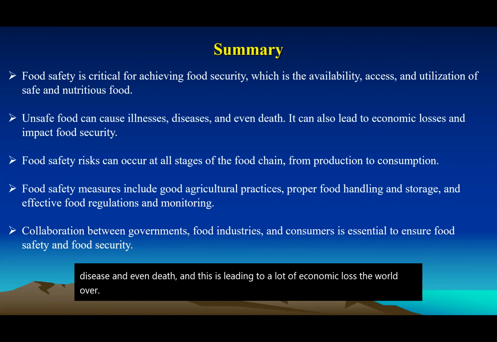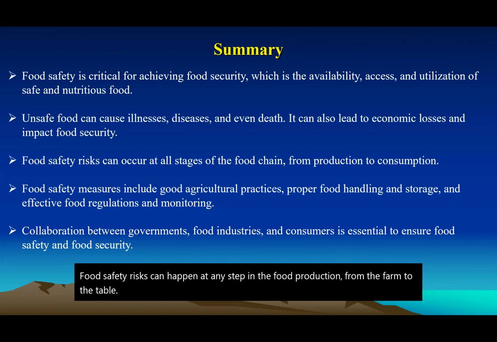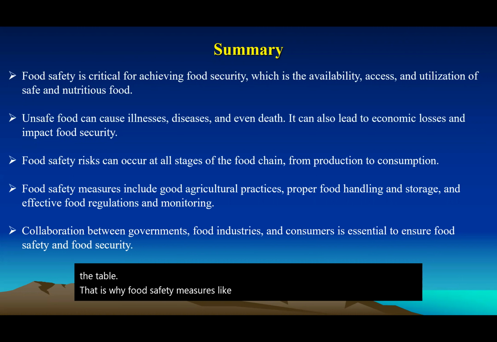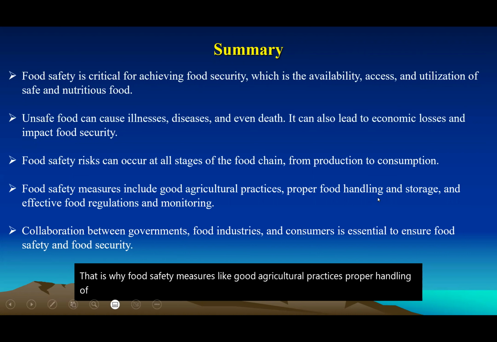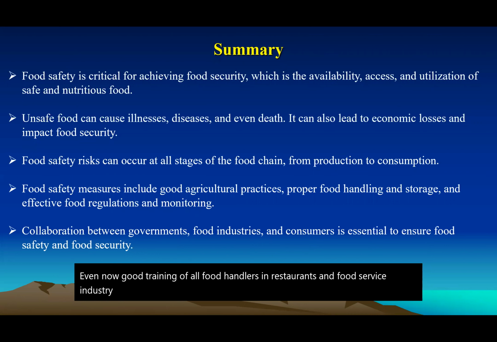Food safety risks can happen at any step in the food production, from the farm to the table. That is why food safety measures like good agricultural practices, proper handling of food, even good training of all food handlers in restaurants and the food service industry, storage, effective food regulations and monitoring are of vital importance.